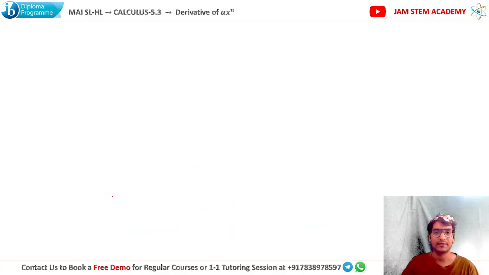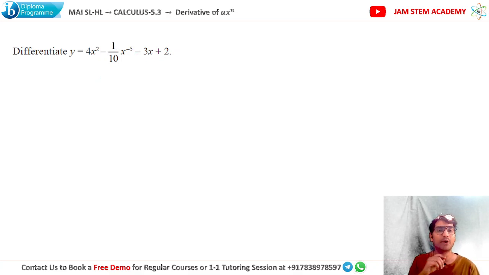Now let's start with a numerical problem which says differentiate y equals 4x raised to the power 2 minus 1 over 10 x to the power negative 5 minus 3x plus 2. You can pause the video and try this question all by yourself as well. Now, in order to find the y prime or f prime x, or you can also call it dy over dx, all are the same thing. So first we need to differentiate this 4x squared.